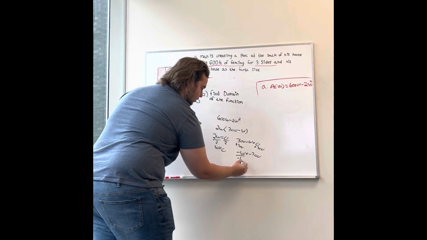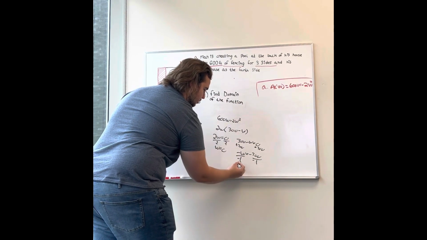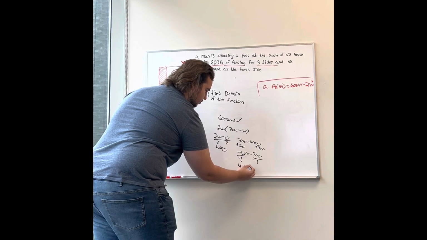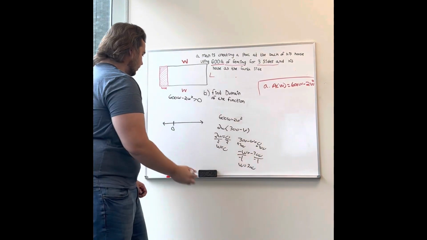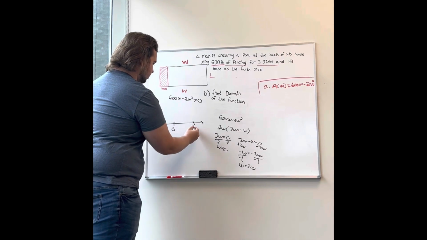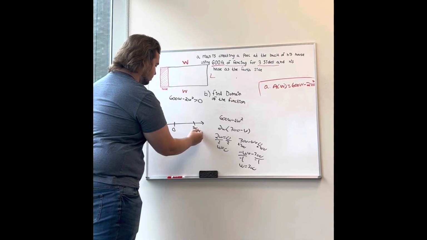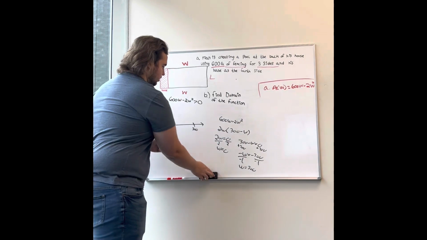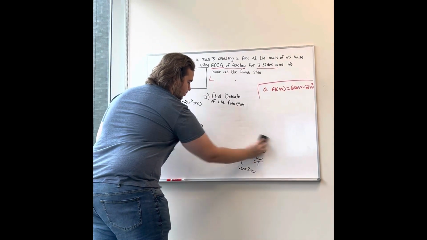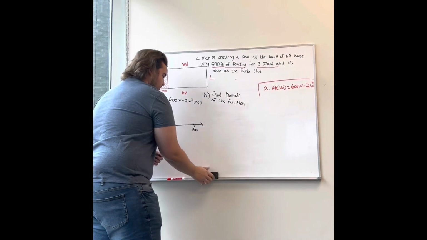We divide by -1 on both sides, and that'll give us W equals 300. There are two zeros right here at 0 and 300. So we have our zeros.